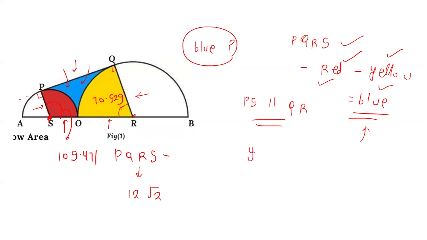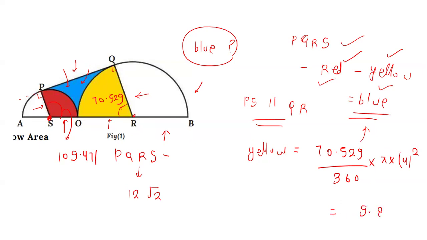So the yellow area will come like 70.529 divided by 360 multiplied by the area of the circle, which is pi times r square. The radius of this bigger semicircle is 4. So pi times 4 square. So this will come like 9.848.